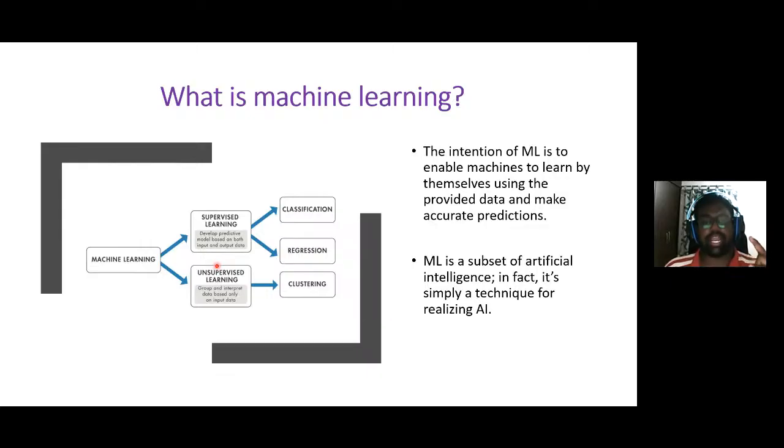If you're predicting a class, or something between an interval of 0 to 1, then it's classification. If you're predicting a continuous variable, it's regression. If you don't know what you're predicting and you're just grouping them, then it's clustering. It's a simple technique, guys, for realizing what AI is, and in fact, ML is a subset of AI. So this is what general machine learning is.